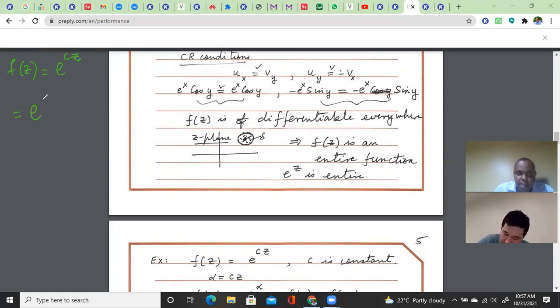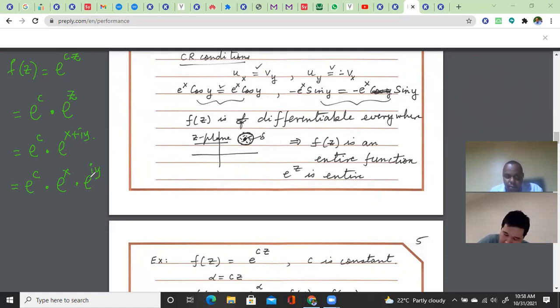Which is the same as e^(c(x plus iy)), which is e^(cx) times e^(ciy).